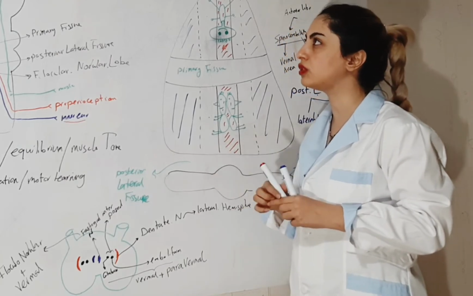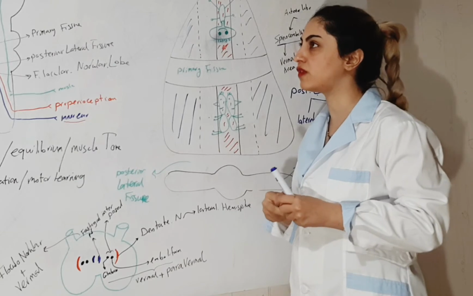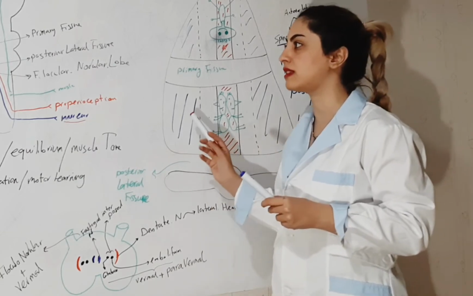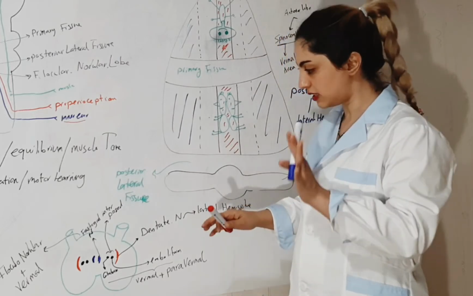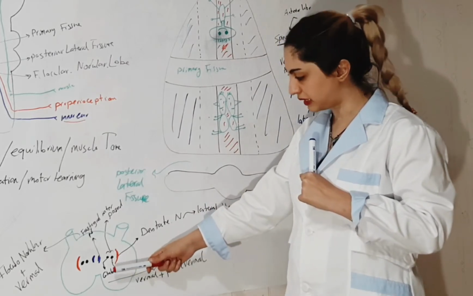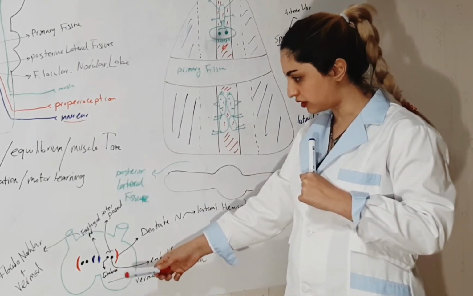After that I'm going to cover the efferent and afferent pathways, which means those that come to the cerebellum and go out of it. But in order to complete this video, I'm going to talk about the nuclei.